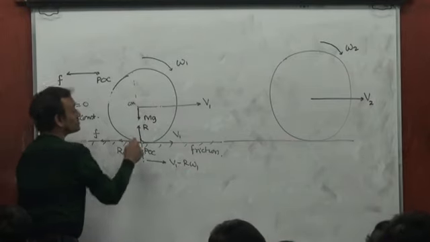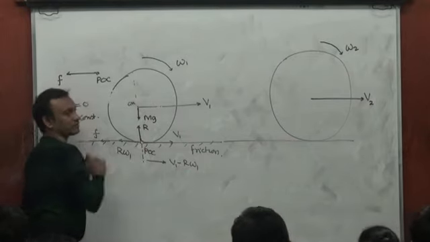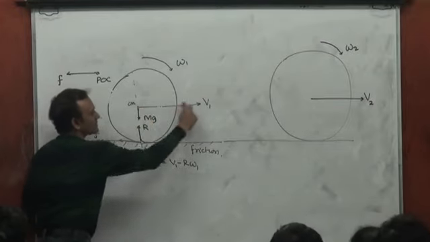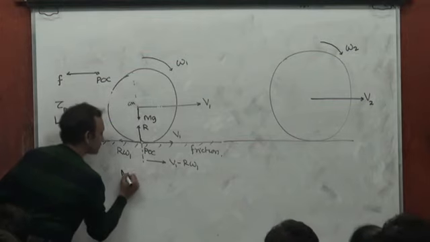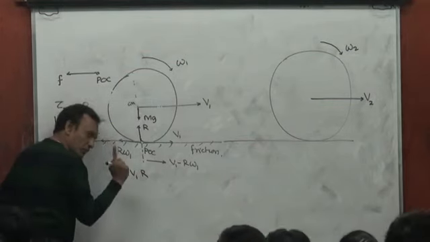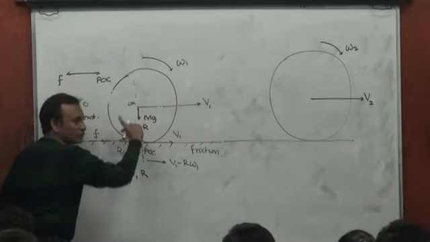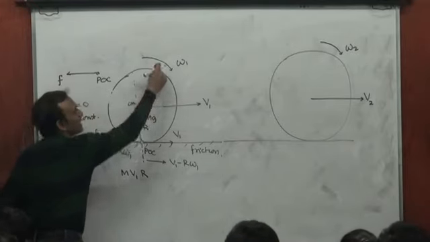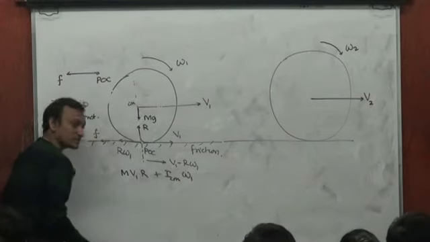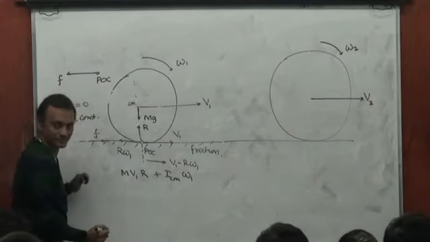Now, what's the angular momentum about the point of contact? In this case, there are two aspects, mv1 into r. General rigid body motion angular momentum: mv1 into r clockwise plus ICM omega 1 clockwise. That's the initial angular momentum. Yes or no?